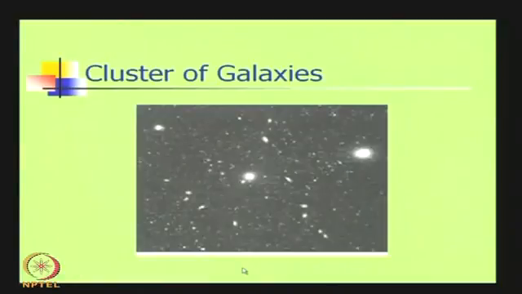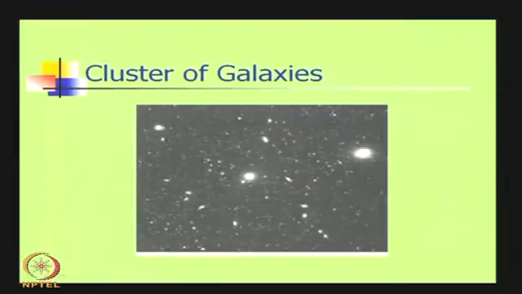And this is possible because there are certain objects which are called clusters of galaxies, which are very important in their own right also. So, this shows you an image of a cluster of galaxies, and a cluster is a part of space where you have many galaxies located close together, and these galaxies are physically bound. So, they are gravitationally bound.